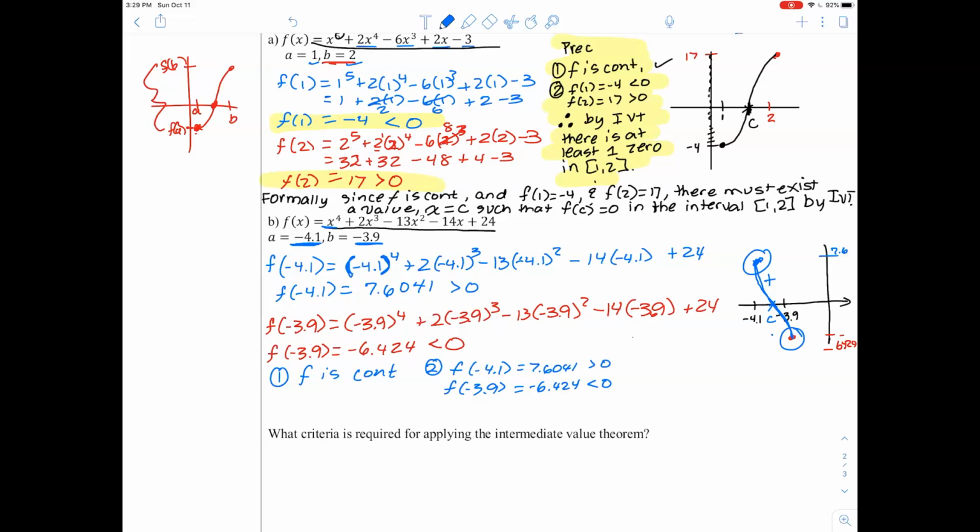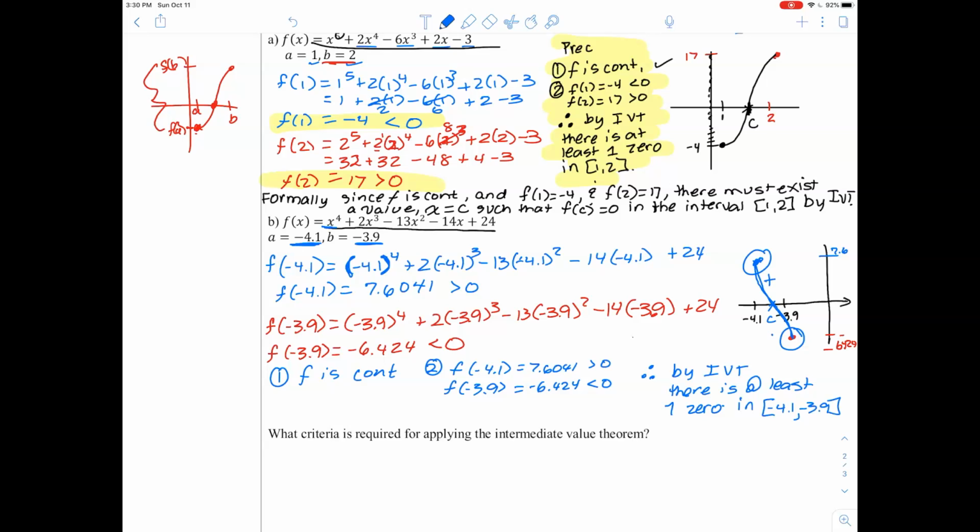Therefore, by IVT, by the intermediate value theorem, there is at least 1 zero in this interval between negative 4.1 and negative 3.9.